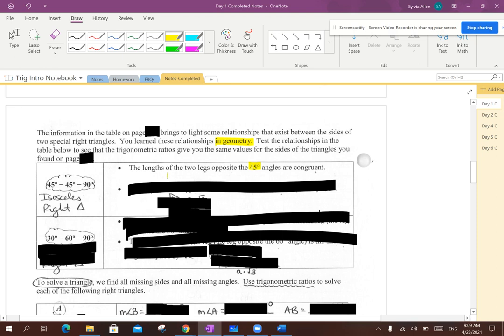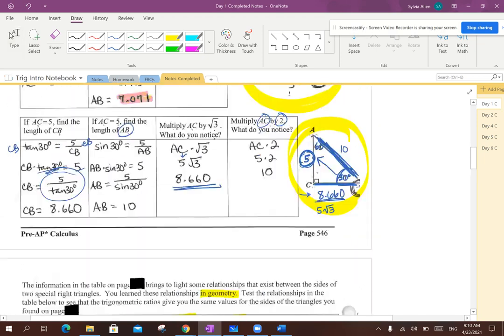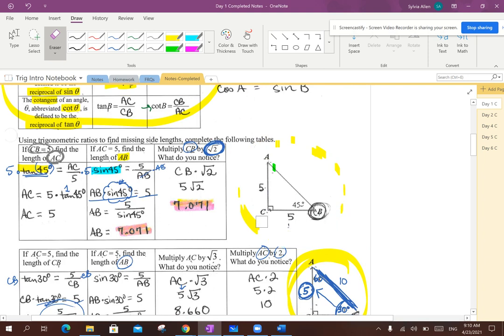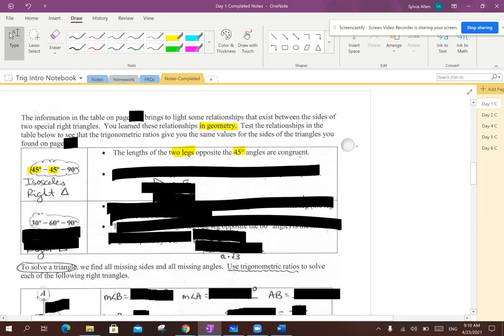So just like these angles are congruent, if I redo the marking up, this angle and this angle are congruent, then that means the sides opposite those are also congruent. All right. Then it says the length of the hypotenuse is the length of the leg multiplied by rad 2.